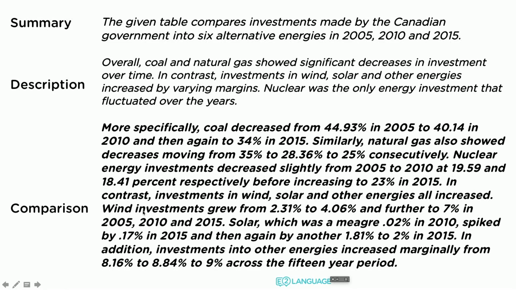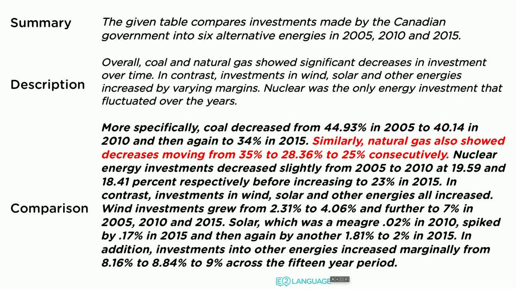Let me read you mine sentence by sentence. More specifically, coal decreased from 44.93% in 2005 to 40.14% in 2010. I probably should have put the percentage sign, and then again to 34% in 2015. I've combined those 4 pieces of information into one sentence.